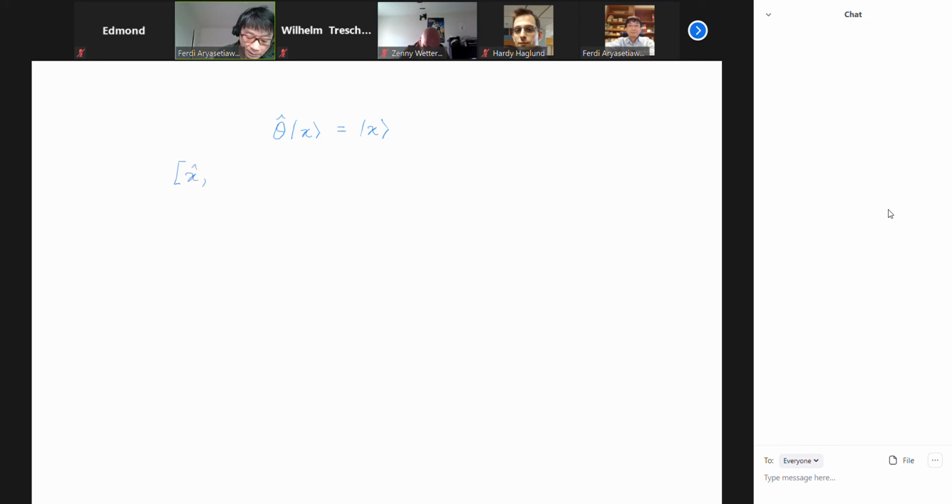So if we look at the commutation relation between x and theta and apply it on some arbitrary ket vector x prime, then this becomes x theta x prime minus theta x x prime.